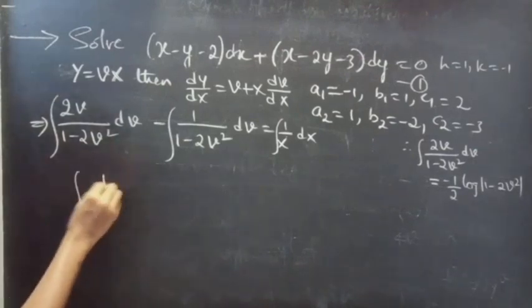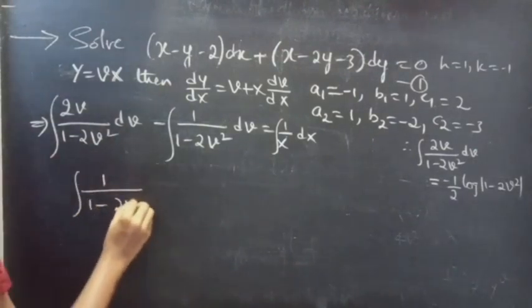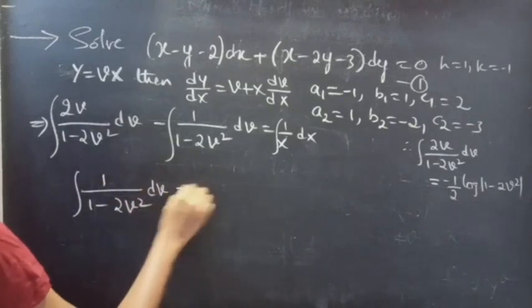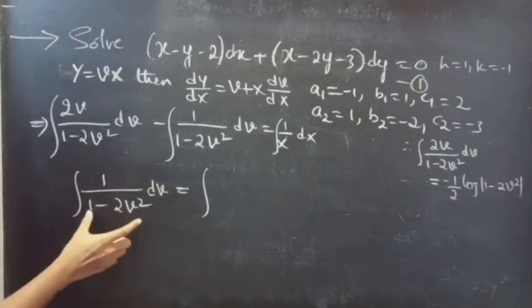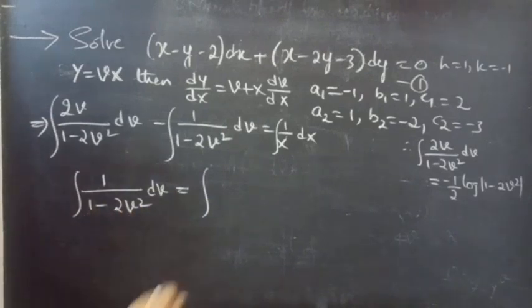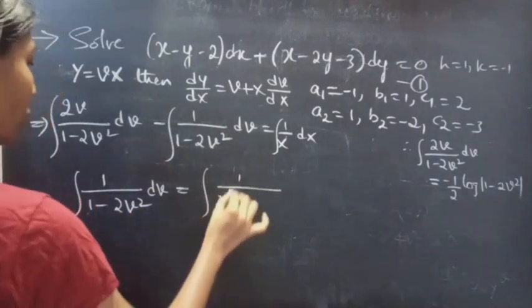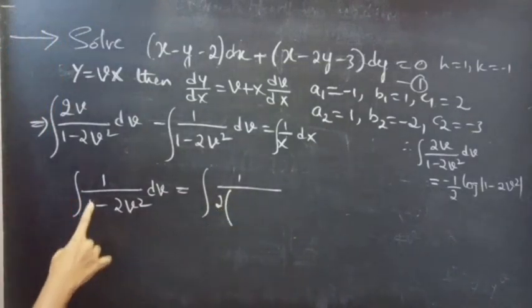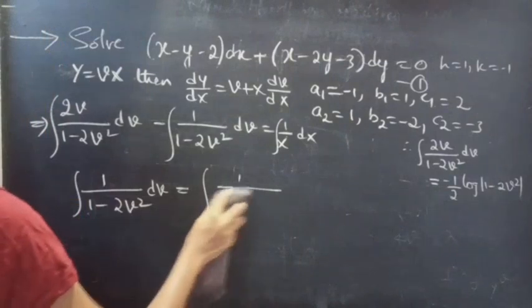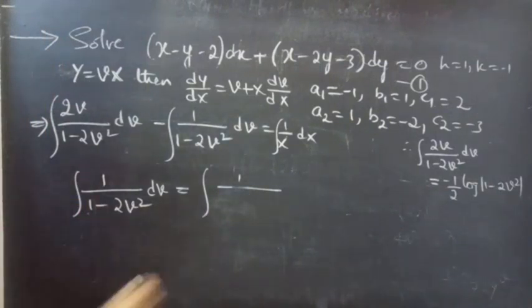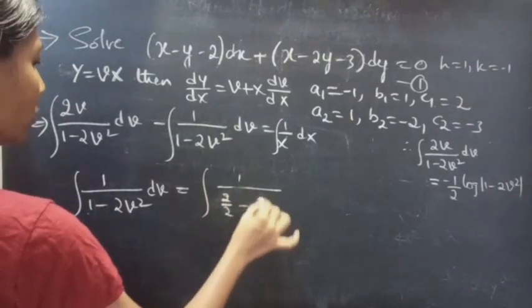Integral 1 by 1 minus 2v square into dv is equals to integral. Now take 2 common from the denominator. You'll get 1 by 2 times. Since you don't have any 2 in the first term, simply write this as 2 by 2 minus 2v square into dv.